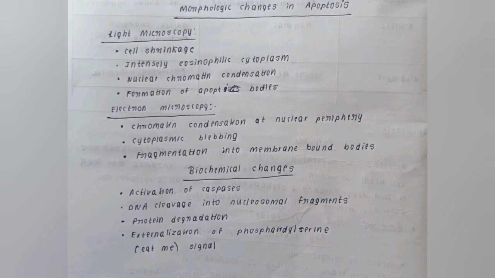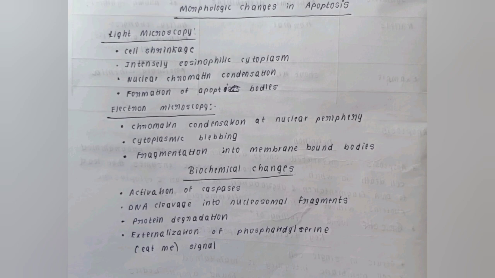If you have not seen it, blebbing is basically when a cell, just like how the amoeba has pseudopodia, when the cell undergoes these processes, it also has that kind of structures, but here we call it a bleb. But this is cytoplasmic blebbing, okay? And then fragmentation into membrane-bound bodies, basically apoptotic bodies itself.